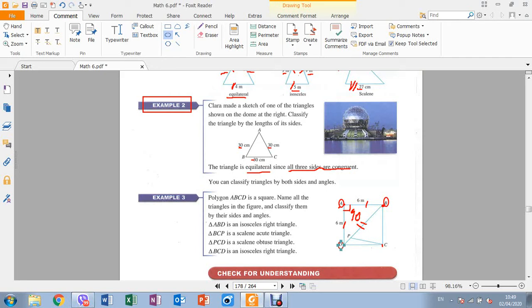So this is isosceles and right. Why? Because it has two congruent sides and the angle is 90 degrees. So it is an isosceles right triangle.